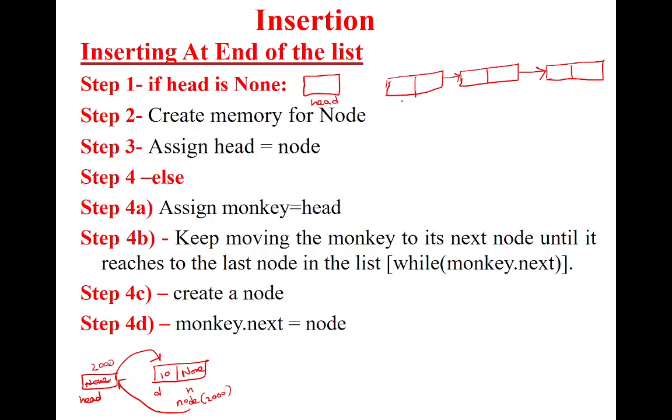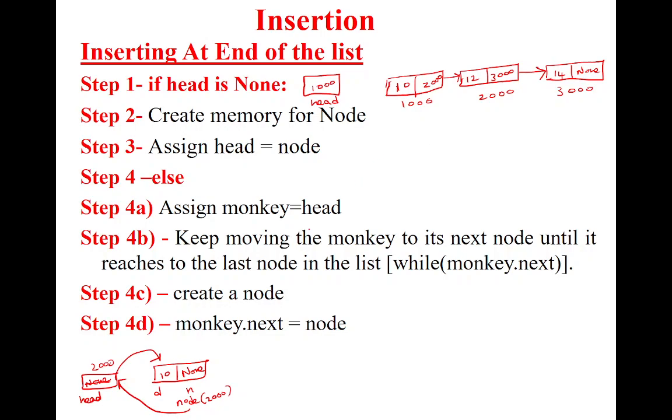Head. Here what will come? None will come. The head will have the address of the first node, 1000 will be there.